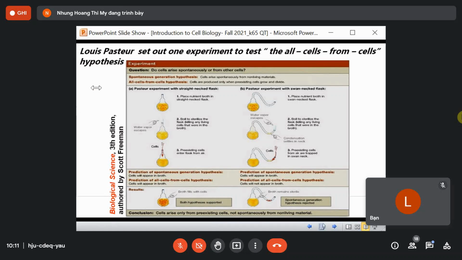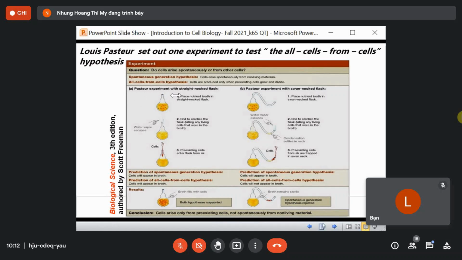And the second hypothesis is that cells are produced only when pre-existing cells grow and divide.